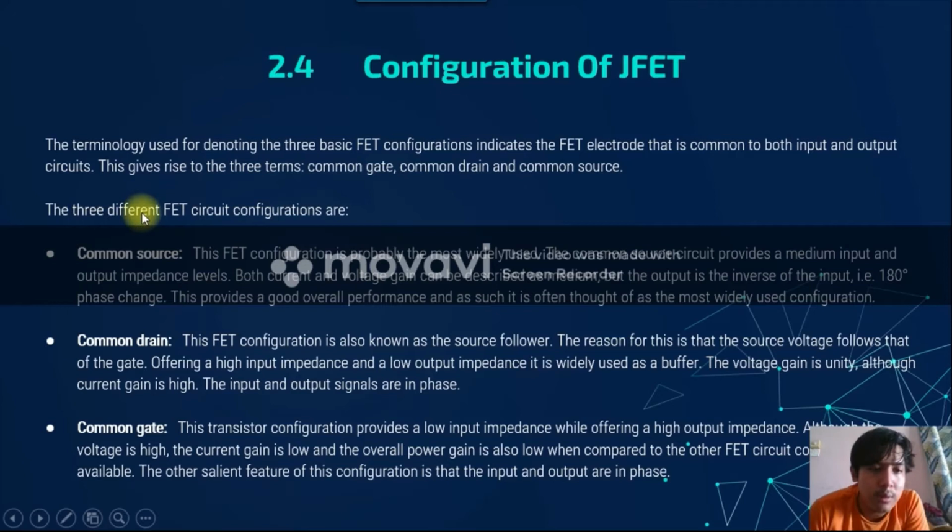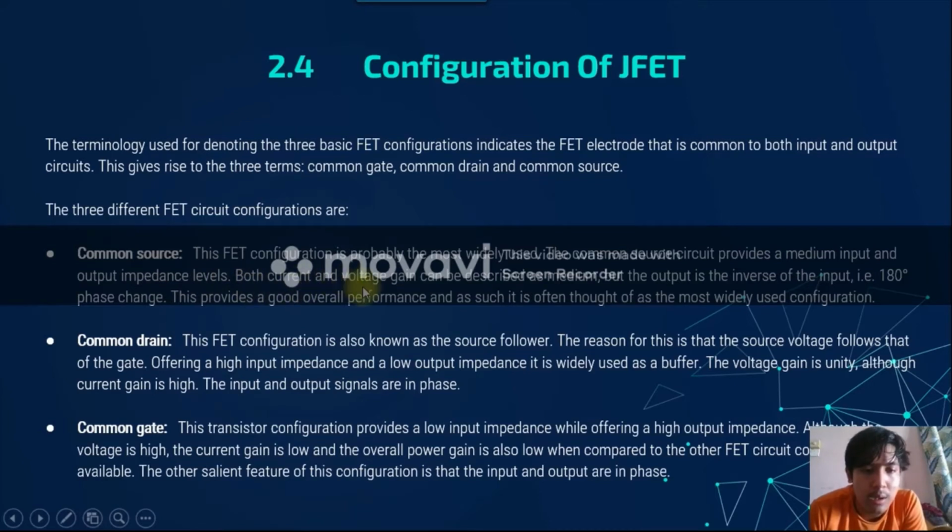The three different JFET circuit configurations are, common source. This JFET configuration is probably the most widely used. The common source circuit provides a medium input and output impedance level.